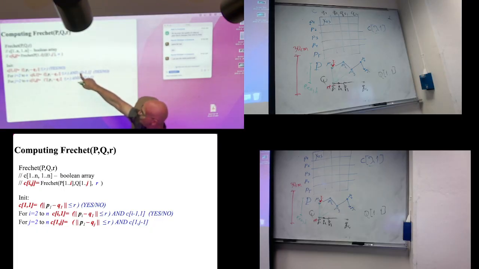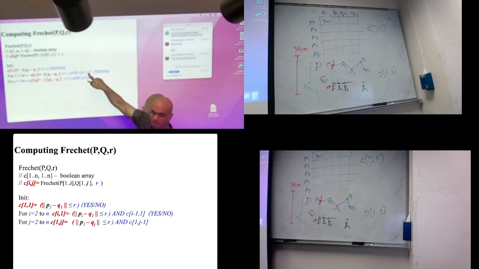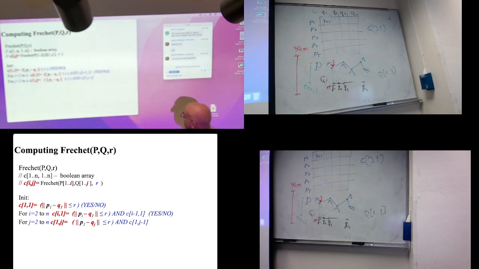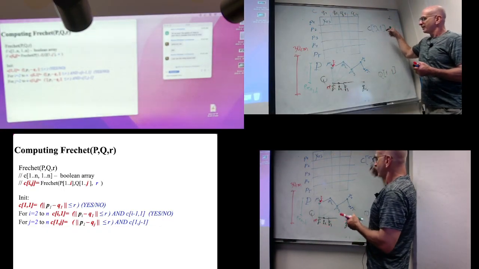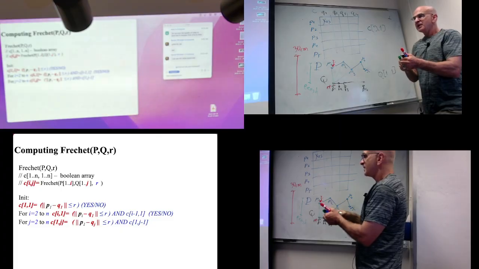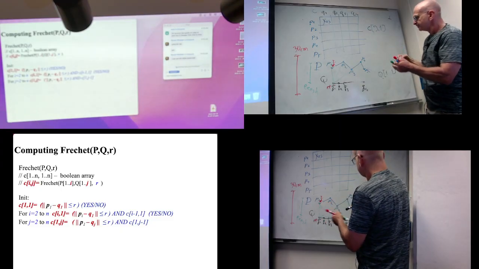And in addition, C of I minus 1, 1, that I just computed in this loop, is true. So this is just a shortcut. When I write C13 is true, it's just a shortcut then.